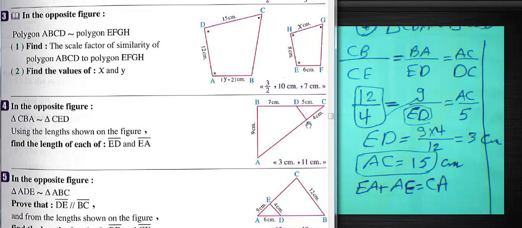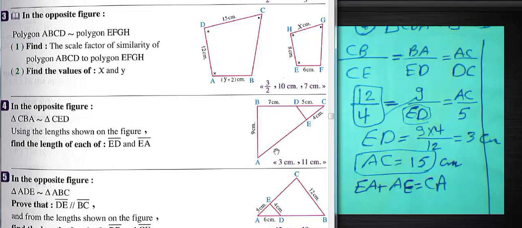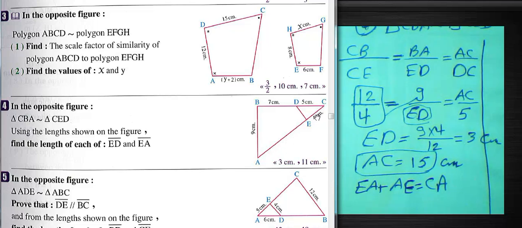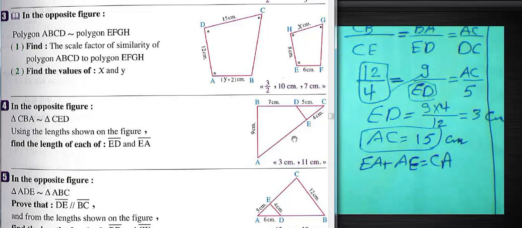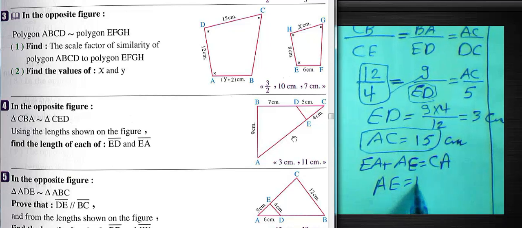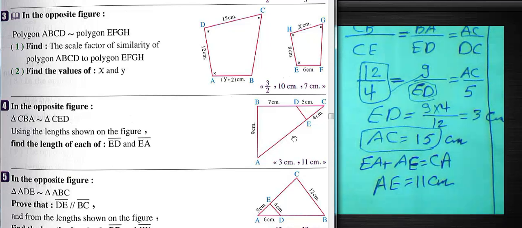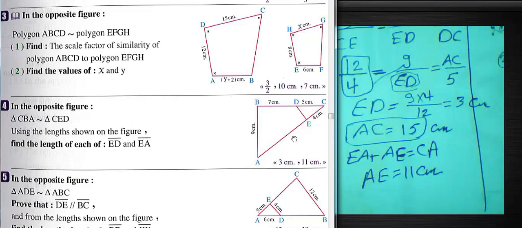So we can find the length of EA by finding the difference between 15 and 4. 15 minus 4 equals 11. So the length of AE equals 11 centimeters. It's easy for you.